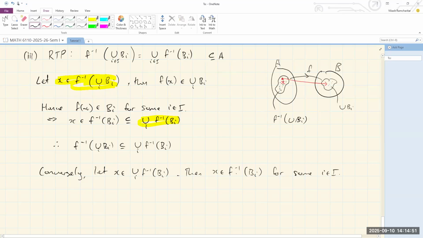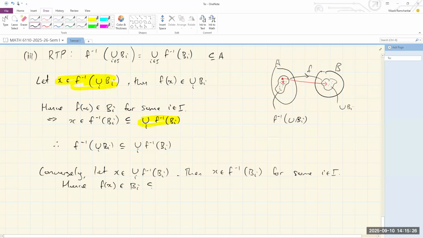And if x belongs to the pre-image of B_i, then that means when I apply f to x, I land up in B_i. That's what this means. It means when you apply f to x, this element is in B_i. So hence f of x is in B_i.